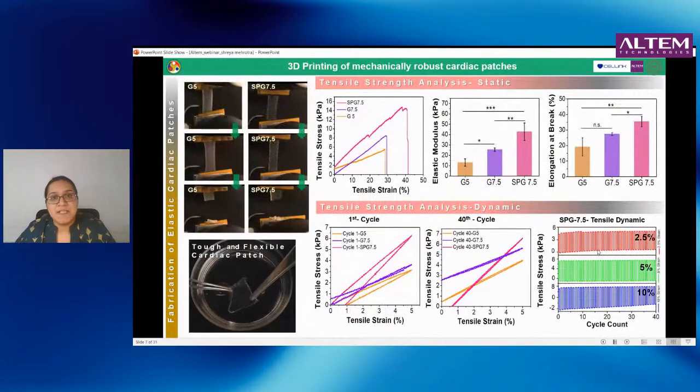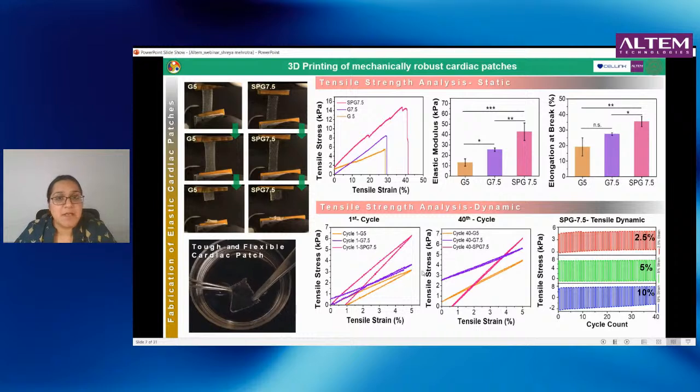After extensively characterizing the bioink, we used it to fabricate these 3D bioprinted patches, which were tough and flexible, as seen here. We also characterized the mechanical properties of these cardiac patches, or the cardiac tissues that we developed, in both the static and dynamic systems.